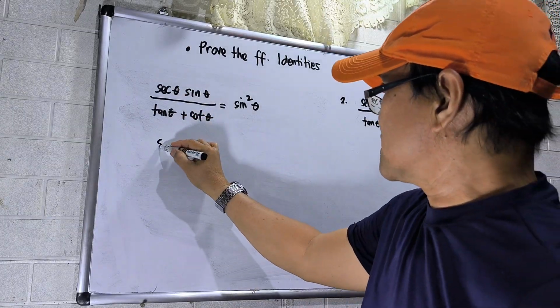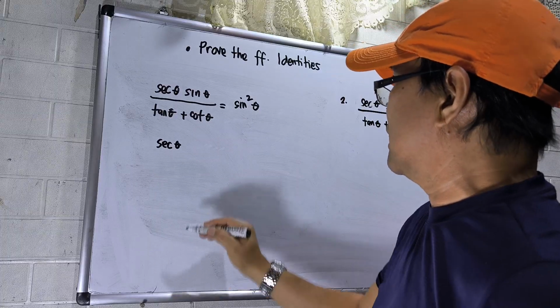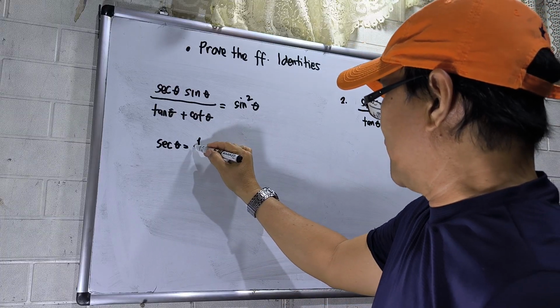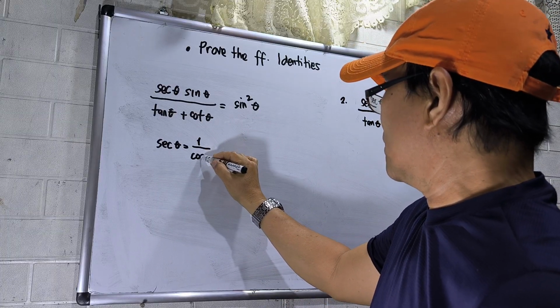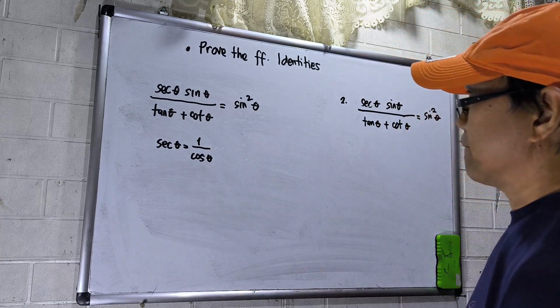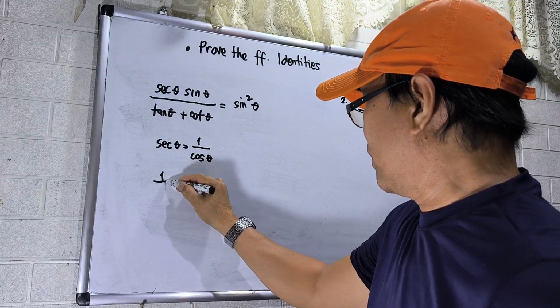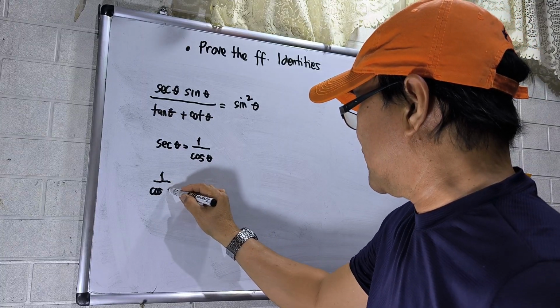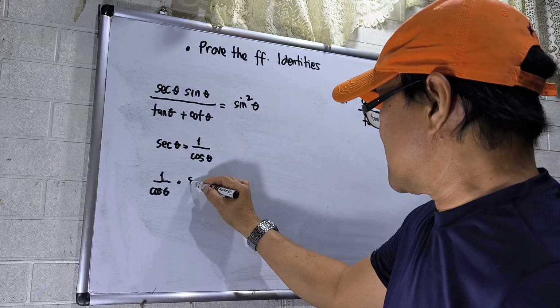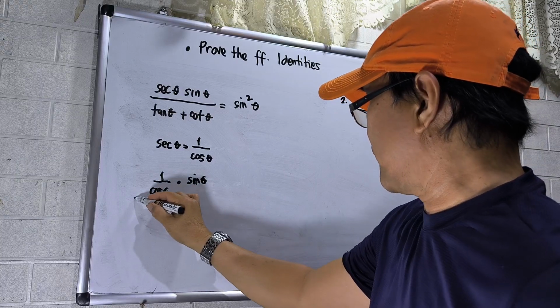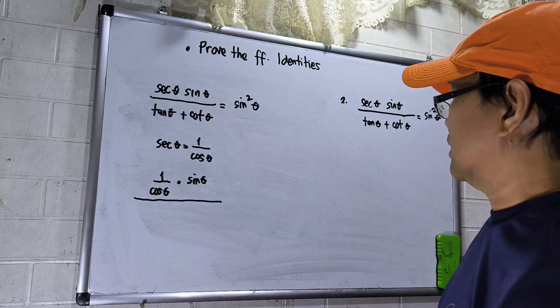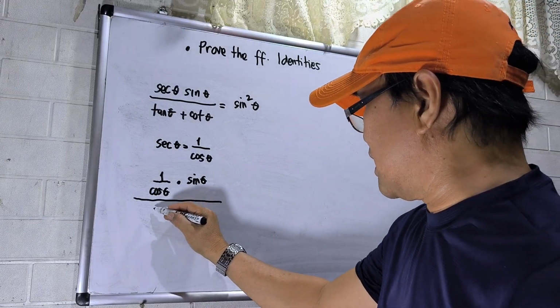So secant theta is equal to 1 over cosine theta. So secant is 1 over cosine theta times sine theta. This will be tangent.